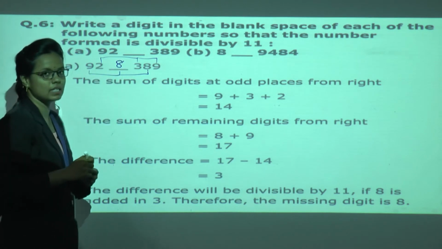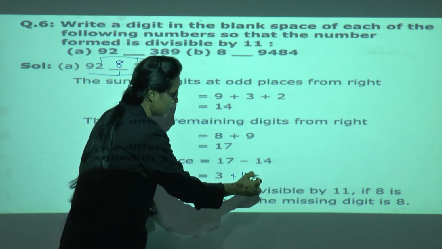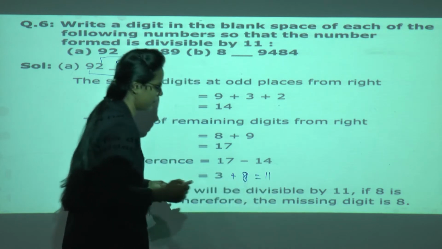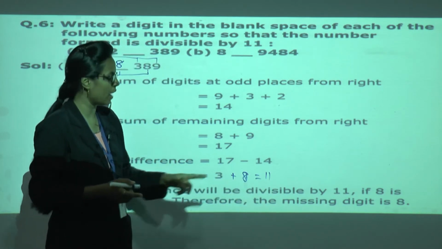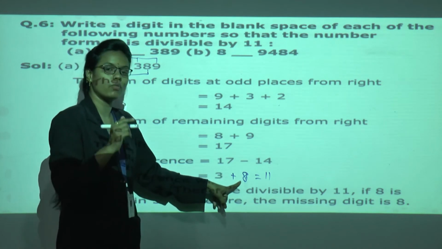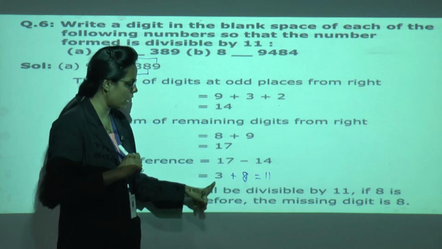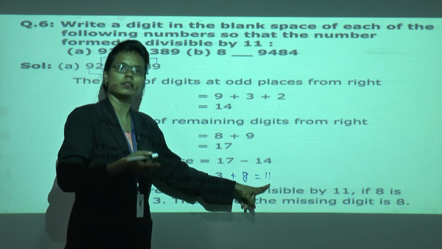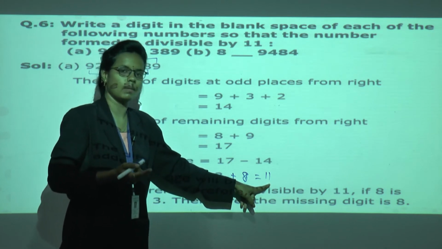The number is 8. Why? Because 3 plus 8 is equal to 11. Why have we added 8? Because we have to find such a number that should be divisible by 11, and if we add 8 we are getting 11, and if we are getting the difference as 11, the number is divisible by 11.